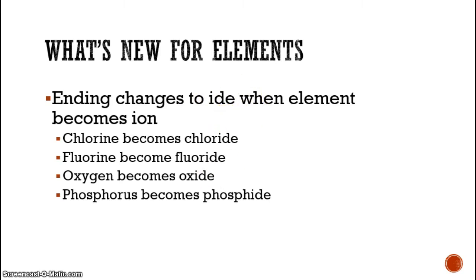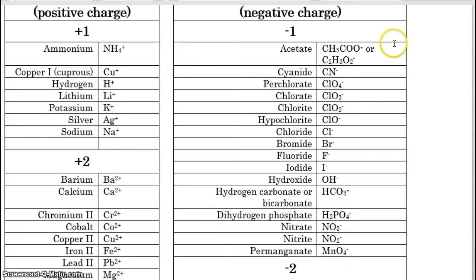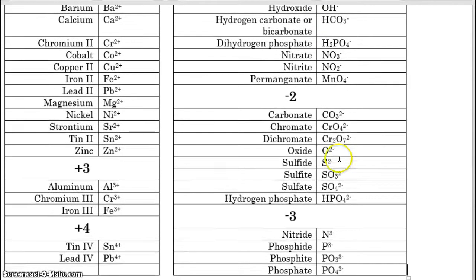So let's take a look at that chart again. Here we're going down the chart. This should look familiar. Cl, when it's charged, has a -1 charge, but now it's called chloride, bromide, fluoride, iodide. Those are all elements that are now ions. Let's go down here. Oxygen has become oxide when it's charged. Sulfur has become sulfide when it's charged.